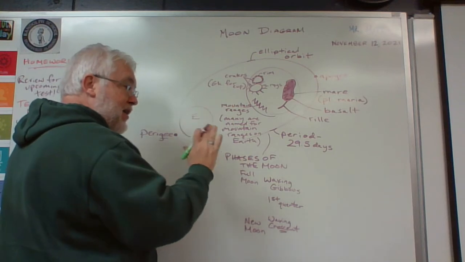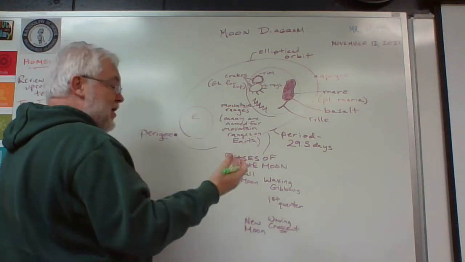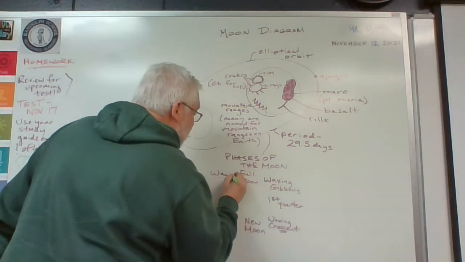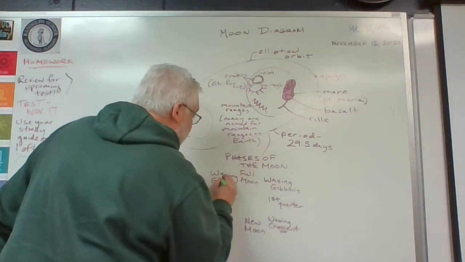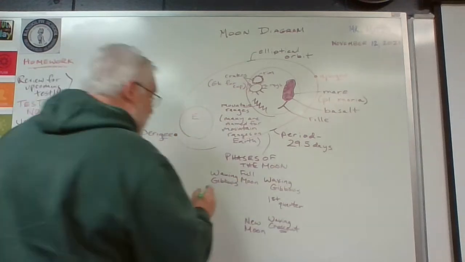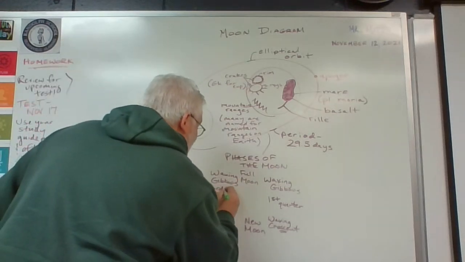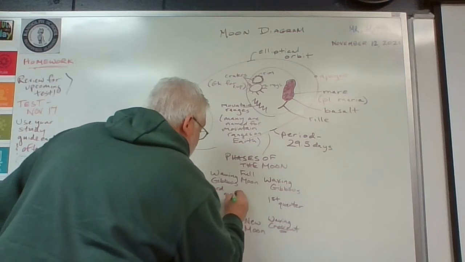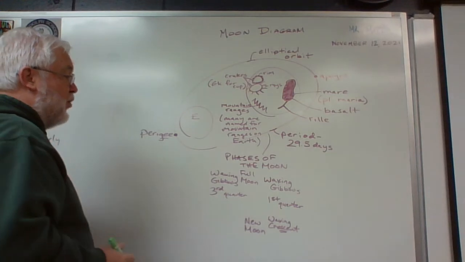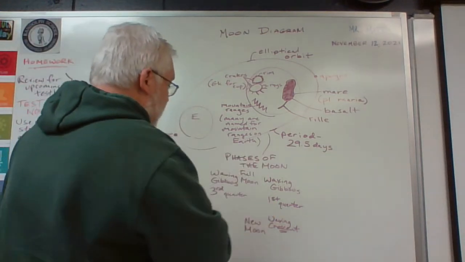The amount of the lunar disk that is illuminated is getting less now. So here's where we have the waning gibbous. After the waning gibbous, we're at the third quarter. It's actually the beginning of the last quarter, which could be called the last quarter as well, of its period.